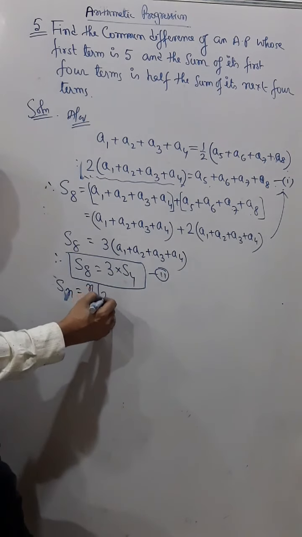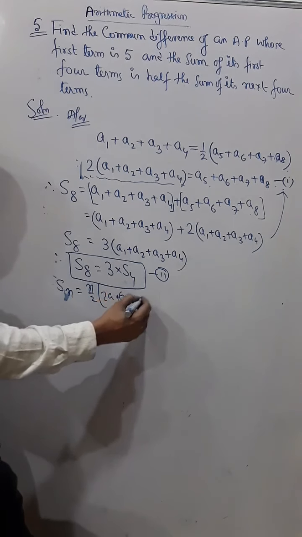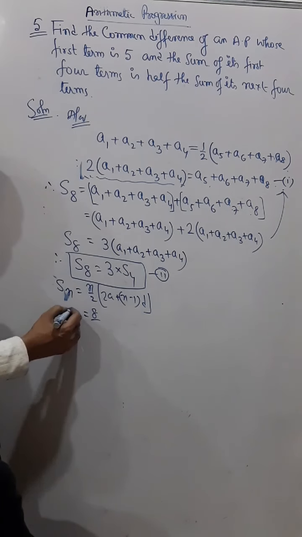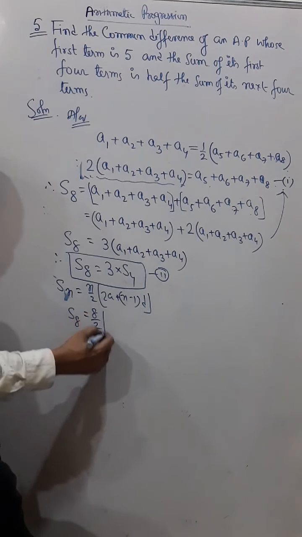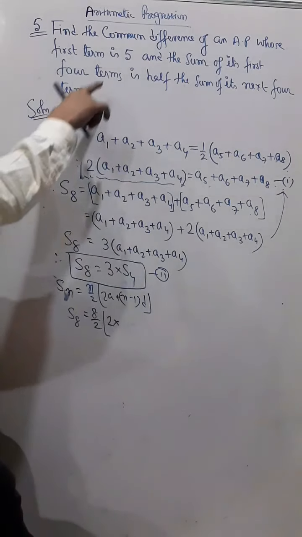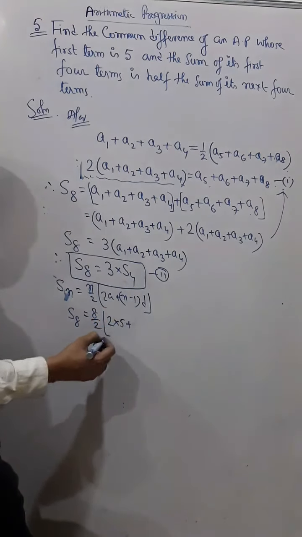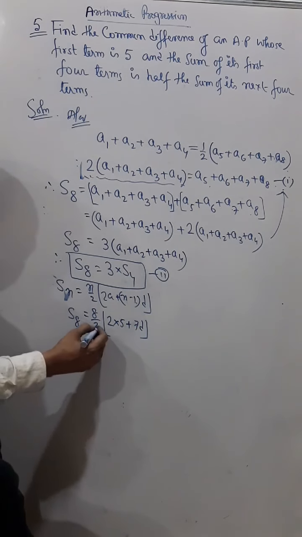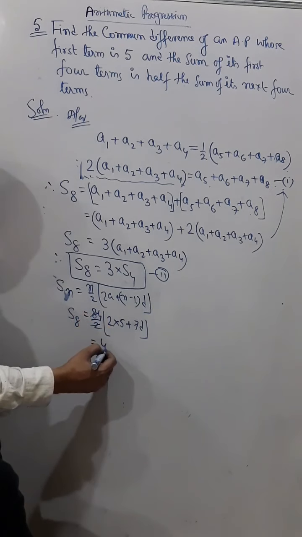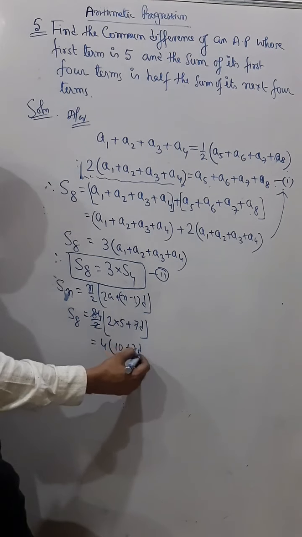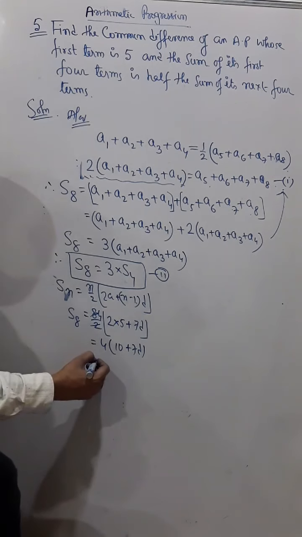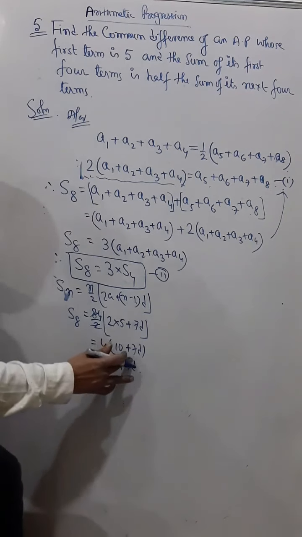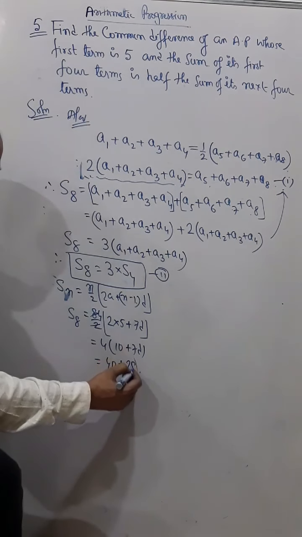So n by 2, 2a plus n minus 1 into D. So S8 is 8 by 2, and 2 times the first term we already know, that is 5, and then 8 minus 1, that is 7D. So we are getting 4 into 10 plus 7D. So finally we are getting 40 plus 7D. Sorry, 40 plus 28D.